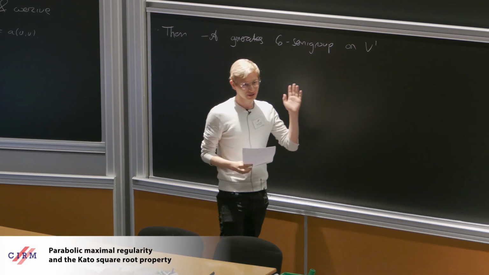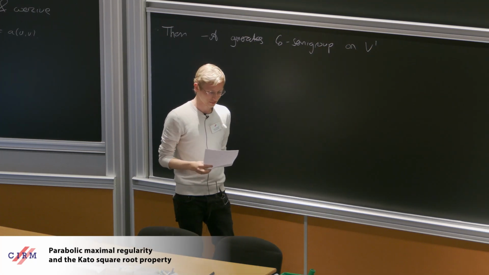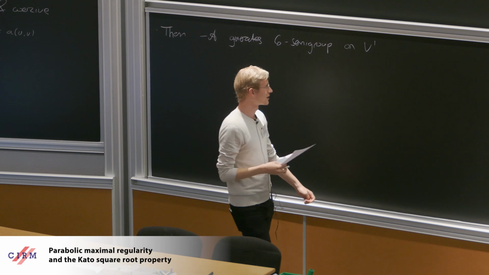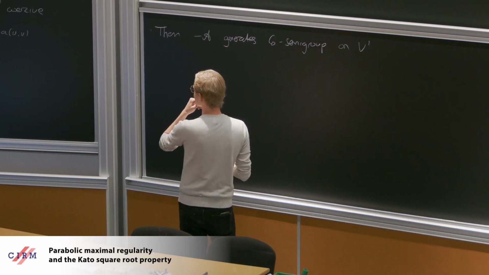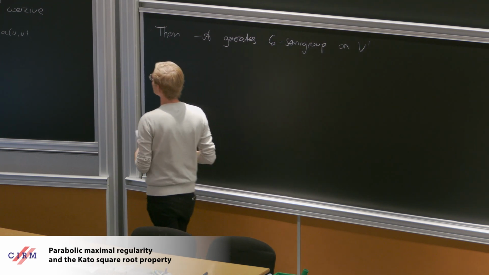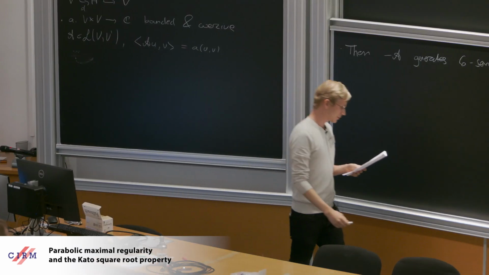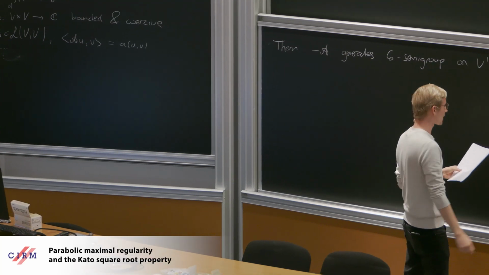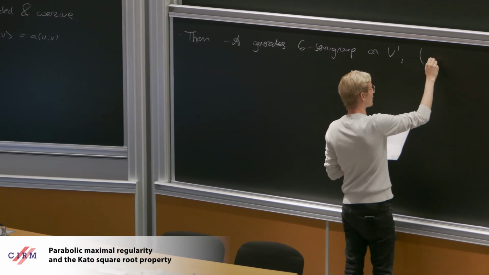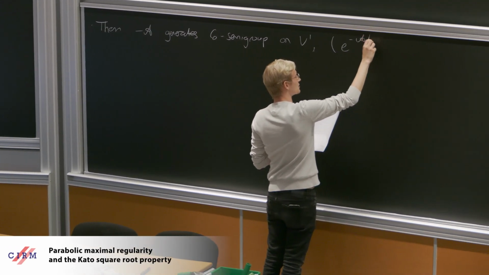This is a fact which does not follow immediately from the things we did in the ISEM, but it's still interesting. So minus curly A, of course, you can see as an operator on V prime if you simply identify V as a subspace of V prime by this Gelfand triple. And this semigroup we will denote by e to the minus t curly A.